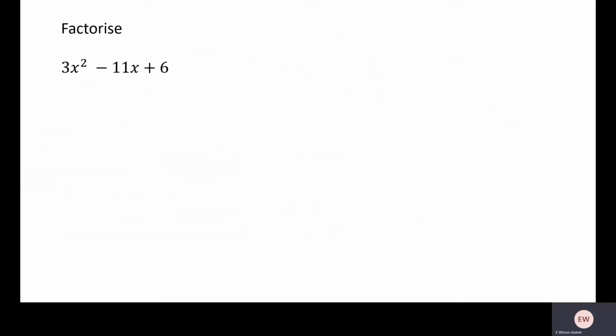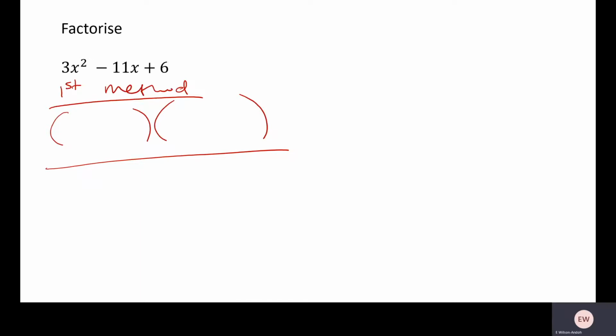Now let's look at another example. So using the first method, we are going to open the two brackets. The two brackets are multiplying, and then divide by the coefficient of x squared. So in the bracket, we are going to have the first terms to be 3x.